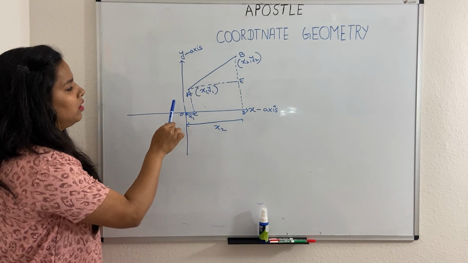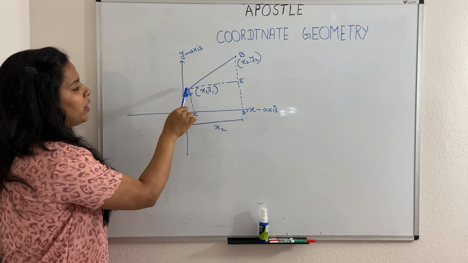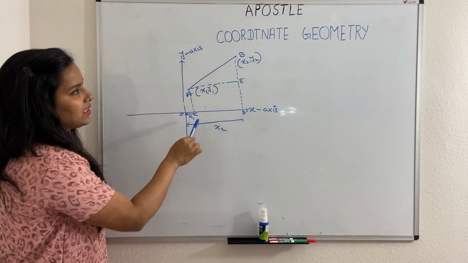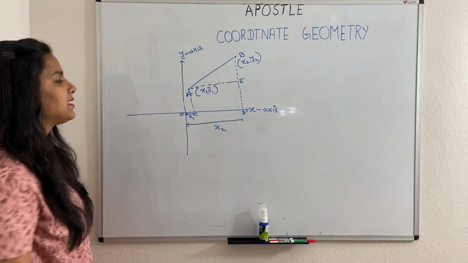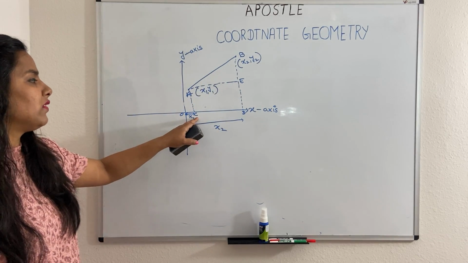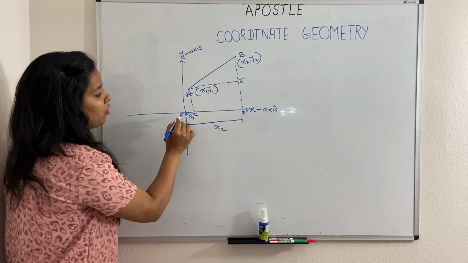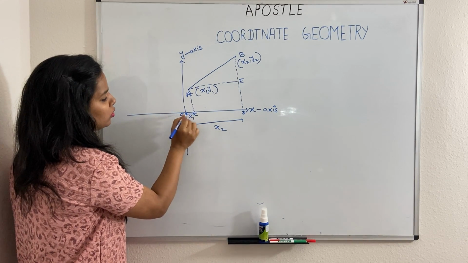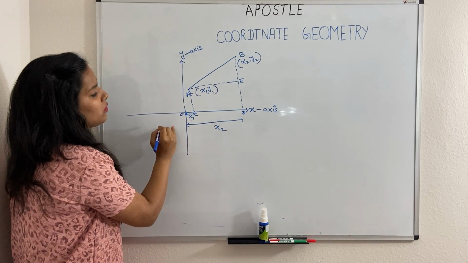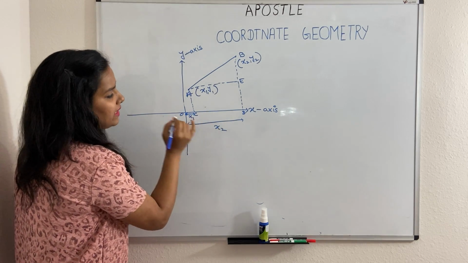Now we draw a perpendicular from point A to the x-axis and from point B to the x-axis, and we give the names C and D. The distance from origin to C is x1, and the distance from origin to point D is x2.